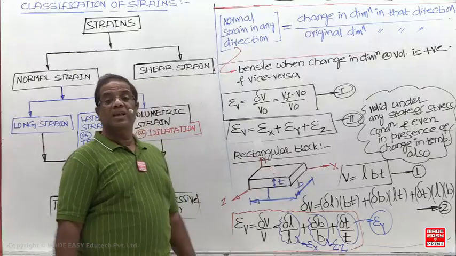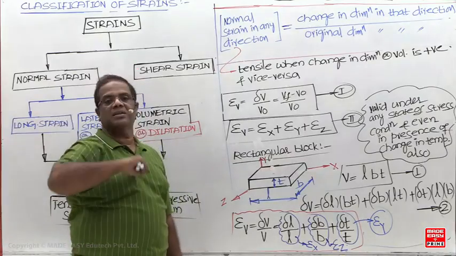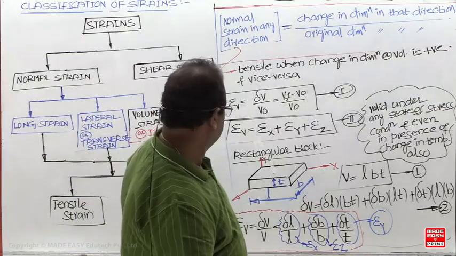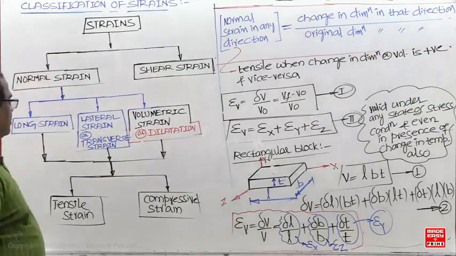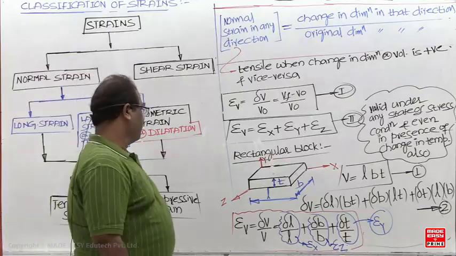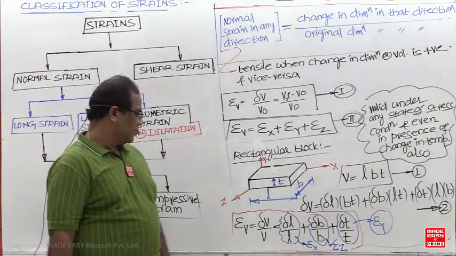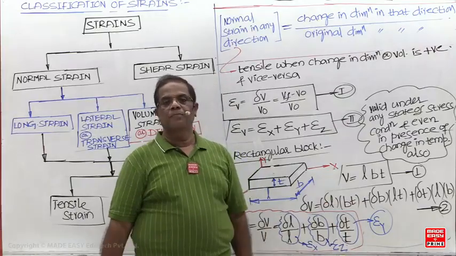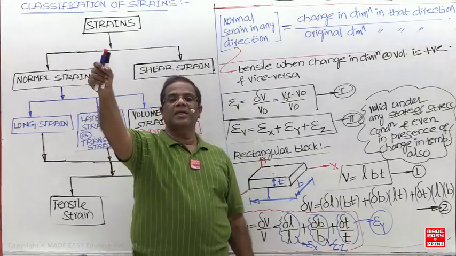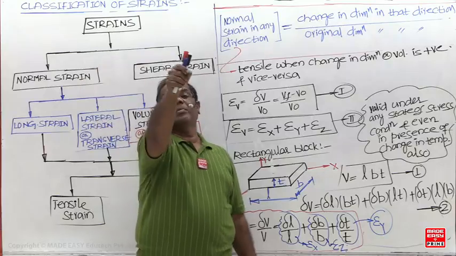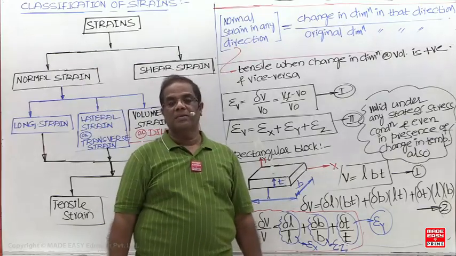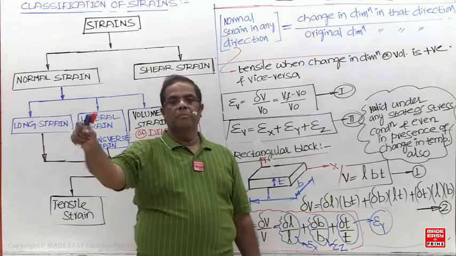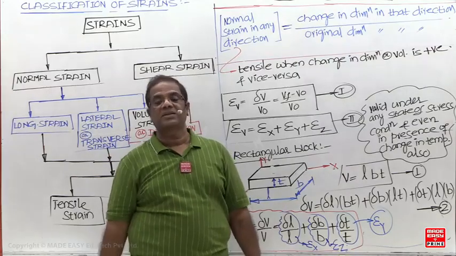But the bulk modulus equation is valid only under hydrostatic conditions. How to find this epsilon x, epsilon y, epsilon z, using E and mu? Sometimes an objective question will be there: volumetric strain is determined by using which of the elastic constants?